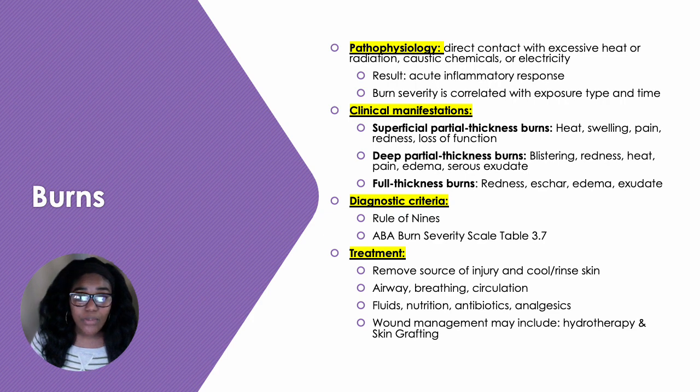As far as your clinical manifestations, you have different variations of burns. You have superficial partial thickness burns, which result with heat, swelling, pain, redness, loss of function, those 5 cardinal signs of inflammation. When we move into a more deeper burn, the deep partial thickness, you have blistering, redness, heat, pain, edema, and serous exudate, so you have some leakage there.